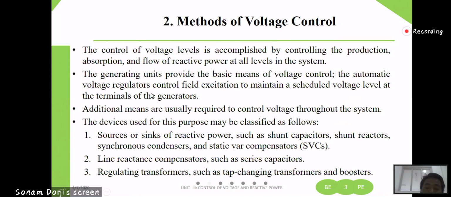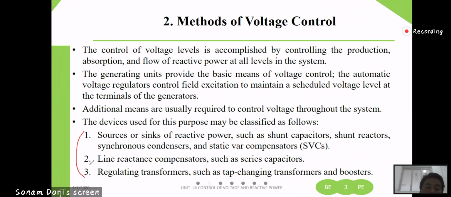Normally the control of the voltage is classified into 3 types.